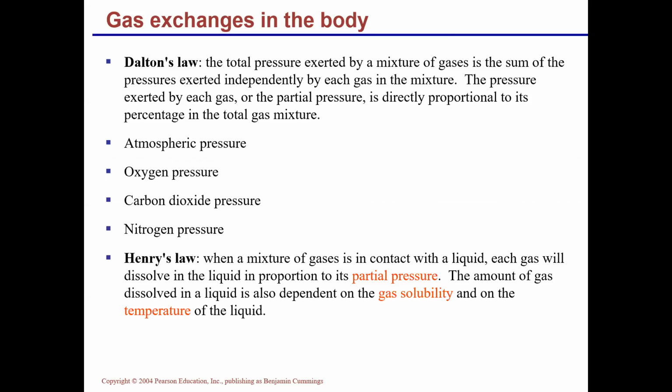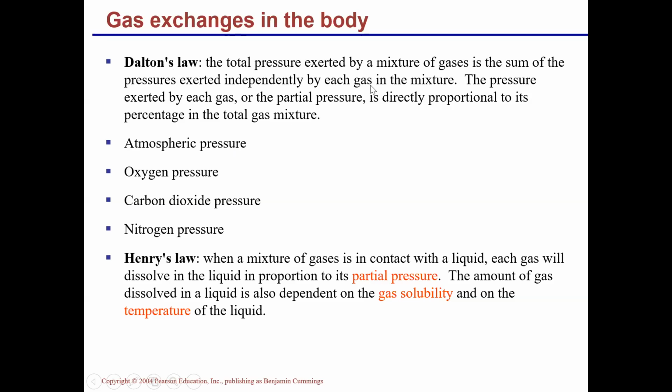Okay, so now we can talk about the gas exchanges in the body. There are a few background terms you need to know, but I'm not testing you on this, just giving you an idea. Dalton's law means the mixture of the air has a total pressure, like atmospheric pressure.